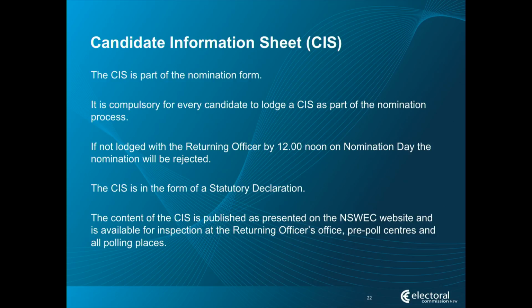The candidate information sheet is in the form of a statutory declaration. The content of the candidate information sheet is published as presented on the New South Wales Electoral Commission website and is available for inspection at the Returning Officer's office, pre-poll voting centres and all polling places on election day.